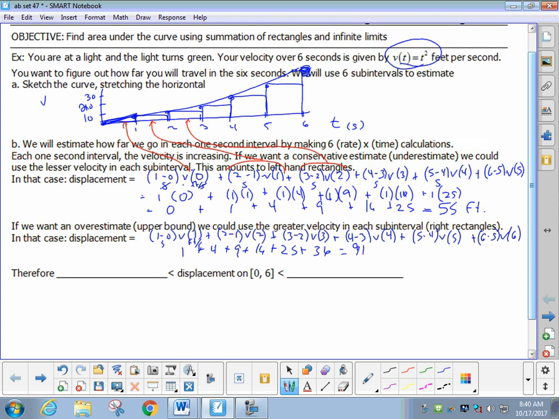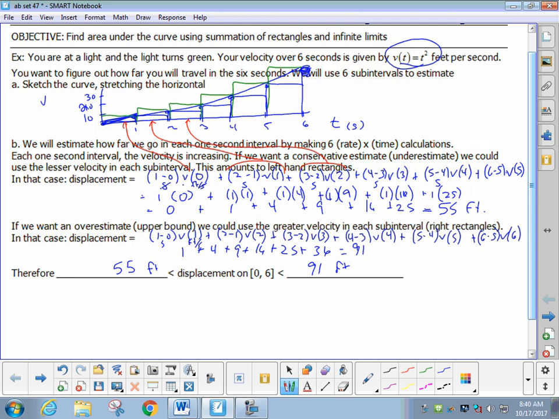Okay. Now, what we just did in terms of areas here, we used the right edge each time. That is overestimating the true distance, so displacement. So I know that the true displacement on 0 to 6 is somewhere between the overestimate of 91 and above the lower estimate of 55 feet. Somewhere in between. Okay? Are you with me?